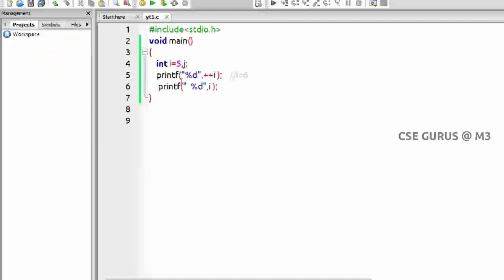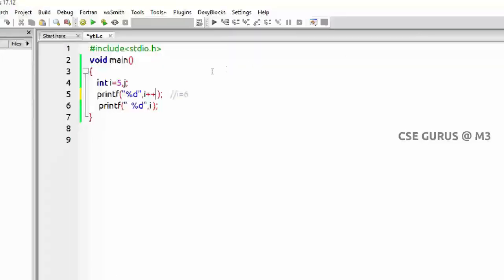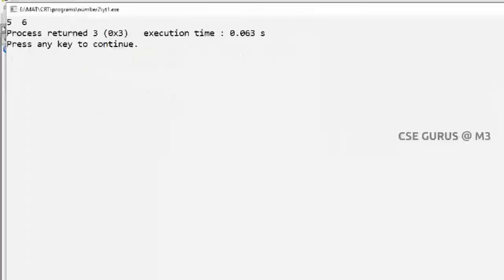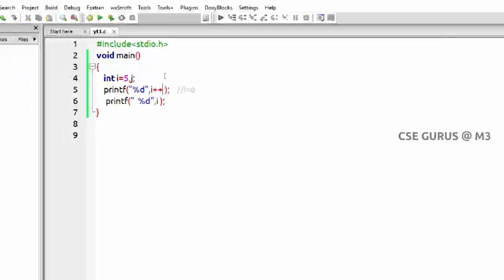And now the thing is, what if I write i++? Will it be 6 comma 6? We'll see first. It's not 6 comma 6, it is 5 comma 6. With post-increment, first the value will be taken by printf.